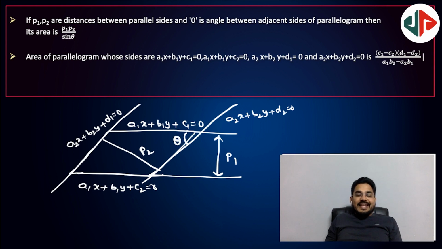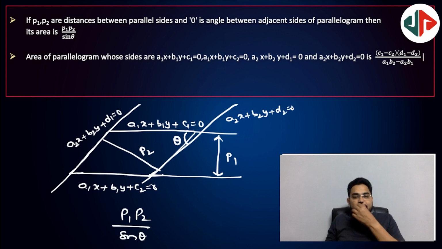Then the area of this parallelogram is P1 P2 by sine theta. Why P1 P2 by sine theta? Whenever you drop like this, the distance is P2. So this is base into height.